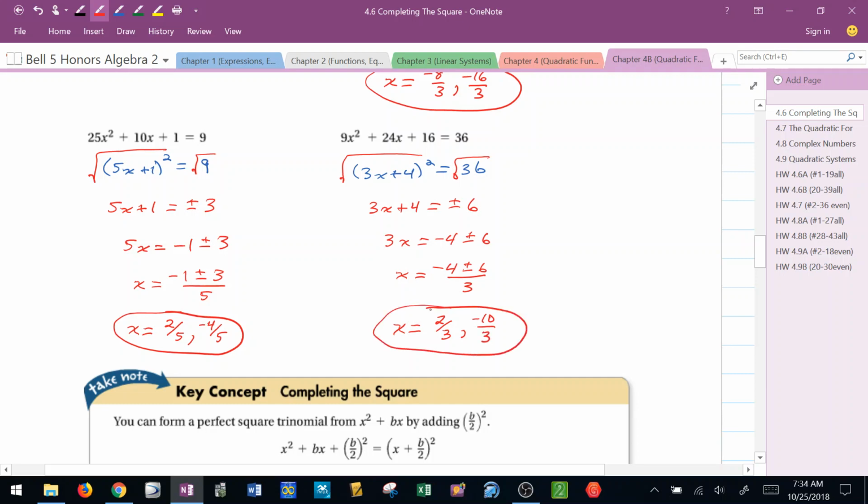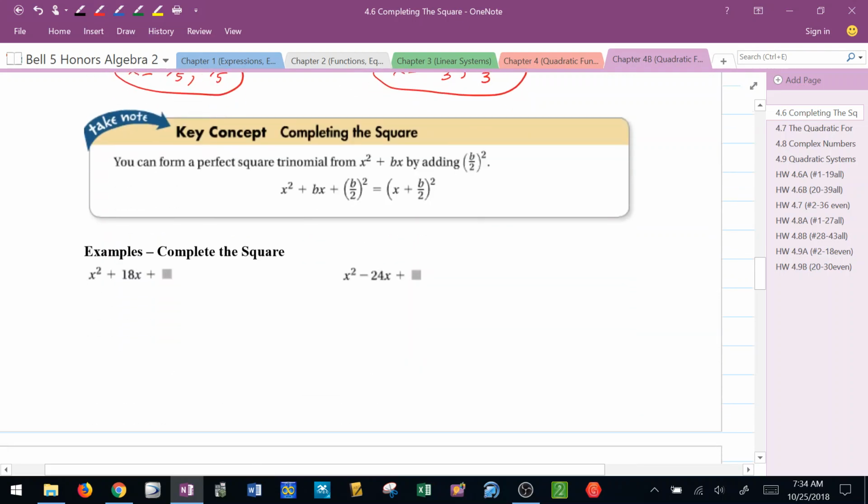All right, so one last thing that we're going to do here is this idea of something that is called completing the square. This is going to be where we'll pick up on lesson 4B, but I want you guys to already start to get a little practice at it, okay? What we're going to try to do is, if we have an x squared and a bx piece, we need to find the value. That's what that blank block means.